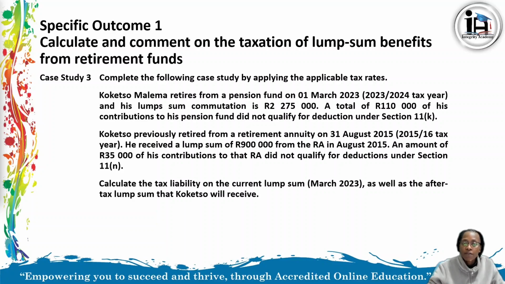Kweketso previously retired from a retirement annuity on 31st August 2015, that is the 2015-2016 tax year. He received a lump sum of 900,000 from the retirement annuity in August 2015. An amount of 35,000 of his contributions to that retirement annuity did not qualify for deduction under Section 11N. Calculate the tax liability on the current lump sum as well as the current taxable lump sum that Kweketso will receive.